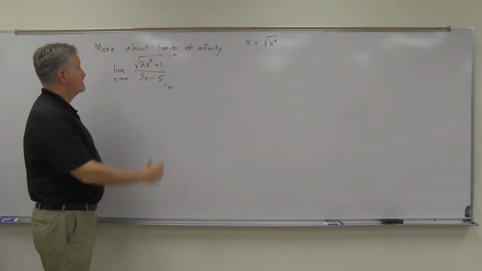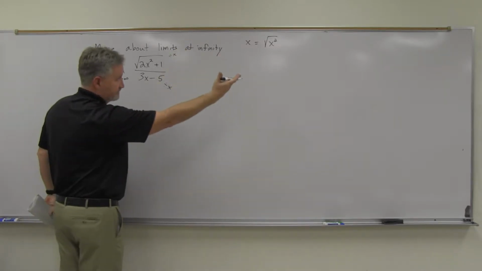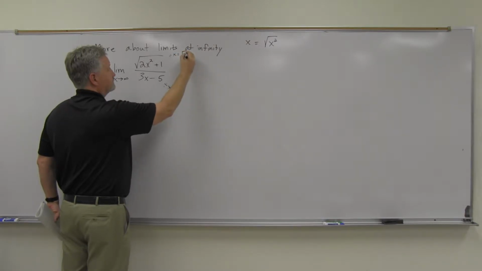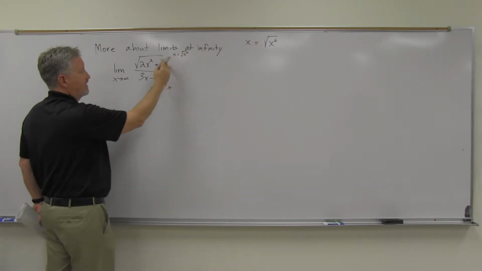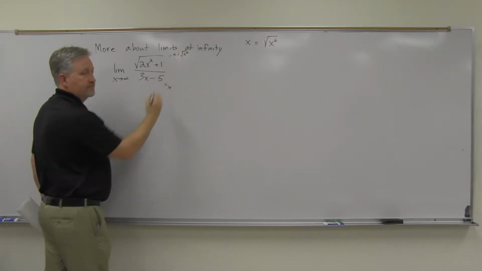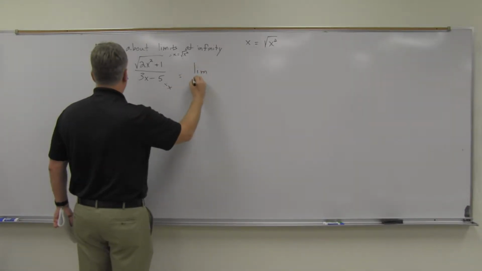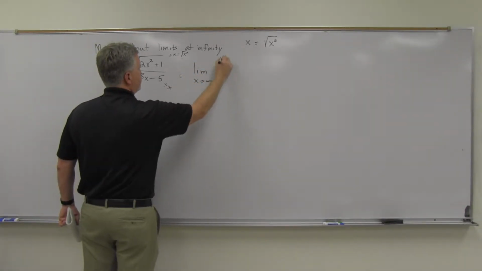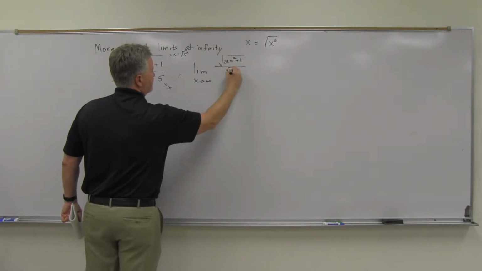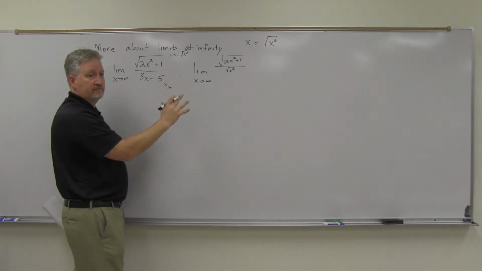So instead of dividing by x, I do the equivalent form of that and divide by the square root of x squared. Technically I am dividing by x, but I really divide the top by the square root of x squared.